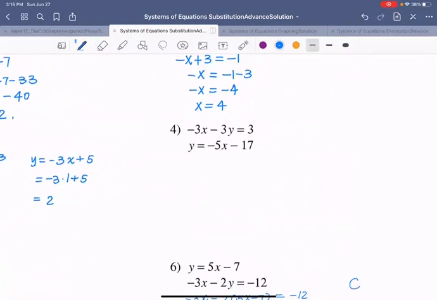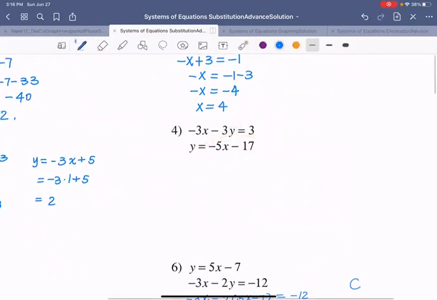So if y equals negative 5x minus 17, then it will equal negative 3x minus 3 times (negative 5x minus 17) equals 3. Then negative 3x plus 15x plus 51 equals 3.